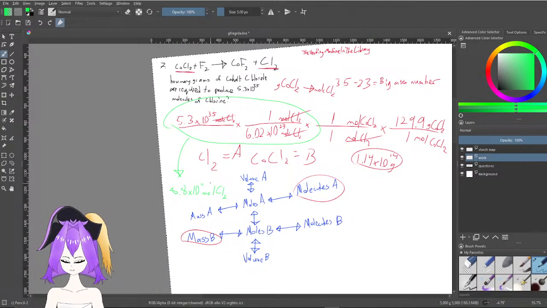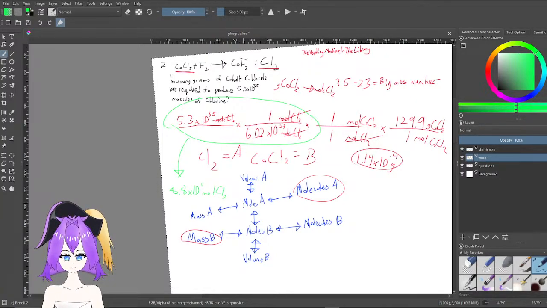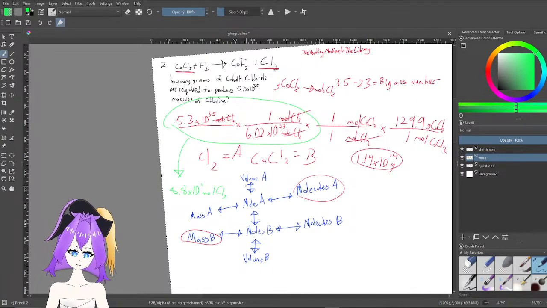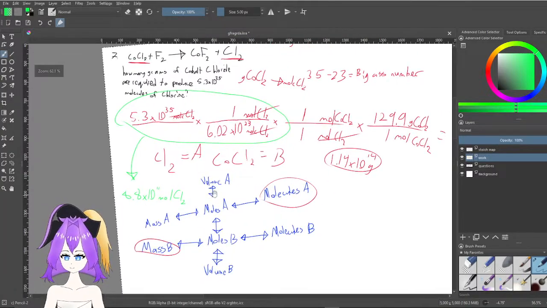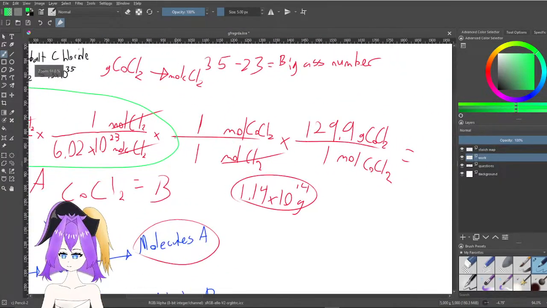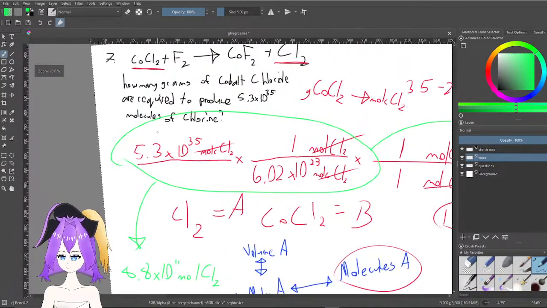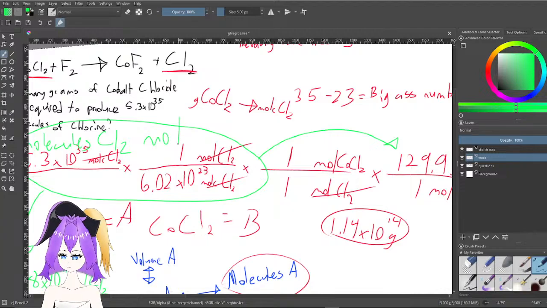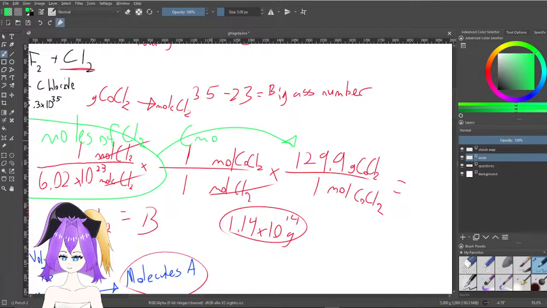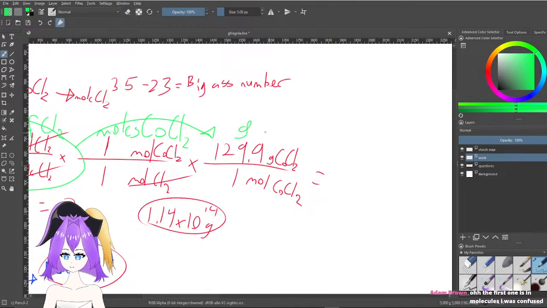We end up getting 8.8 times 10 to the 11th moles of Cl2. I honestly don't have a frame of reference in my head for moles. So molecules of chlorine go to moles of chlorine, then this switches it over to moles of cobalt chloride. And then this final conversion is grams.